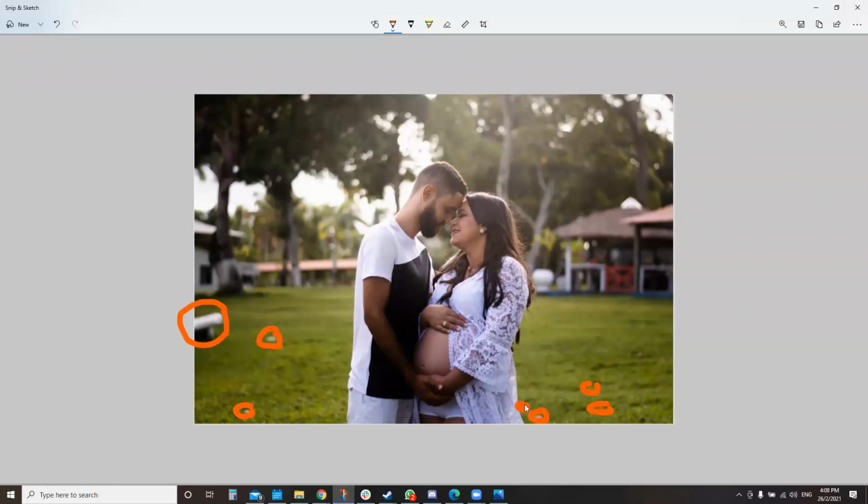Now, these structures right here, although they may look like a distractor, they are distracting. But remember the rule where we are not trying to take away the original essence of the picture. We want to still keep the picture's essence in a photograph.